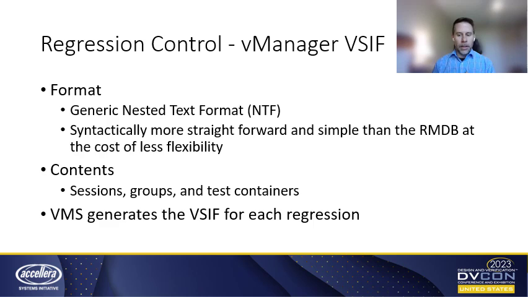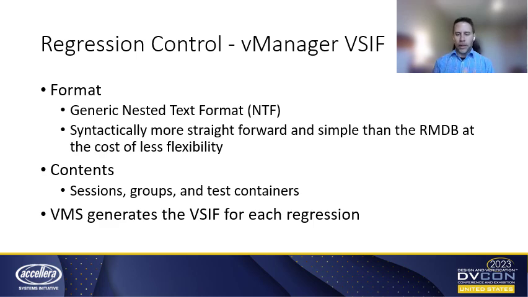Unlike our vRun implementation with VMS, which relied on a single monolithic RMDB to rule them all with all the embedded controls, when we had the opportunity to update VMS for vManager, we decided to be more strict, and we generate an RMDB for every regression. A VSIF for every regression.